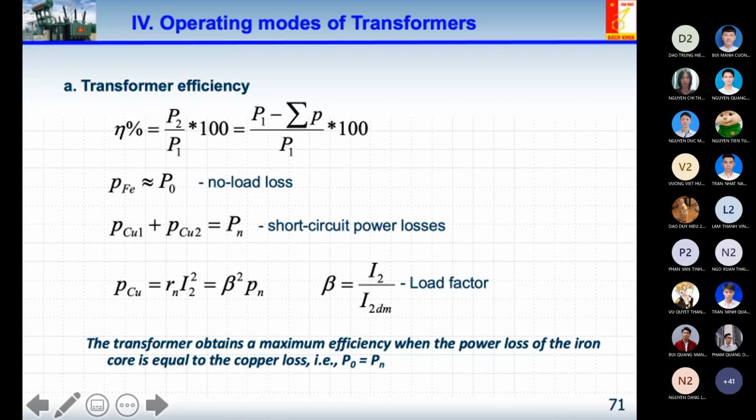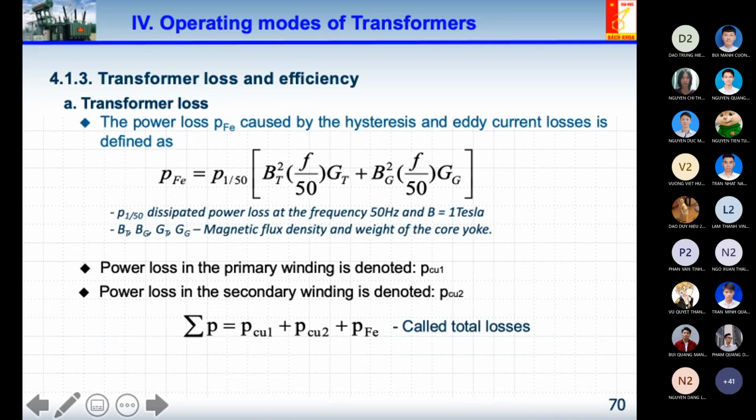And the question is, if you want to get a high value of efficiency, it means the total loss of the transformer must be very, very small. If you want the sum of the losses to be very small, it means that PCU1, PCU2, PFE must be low.